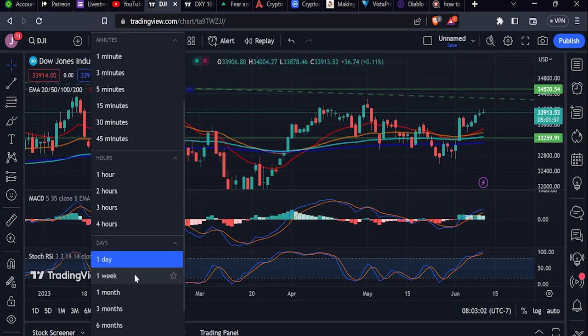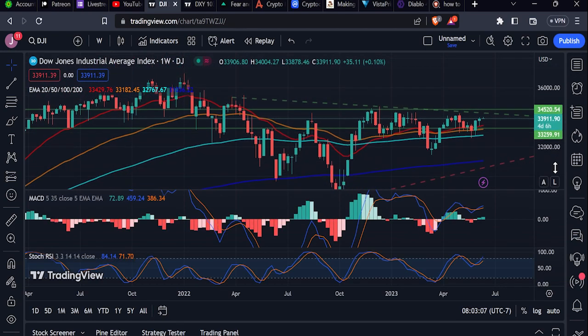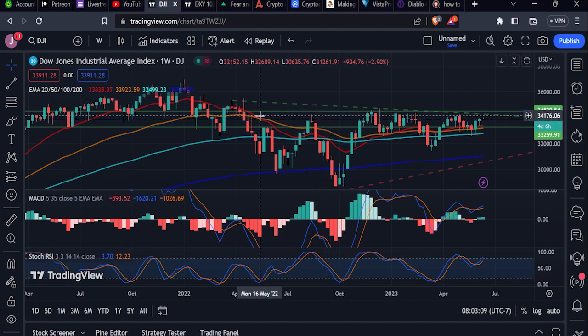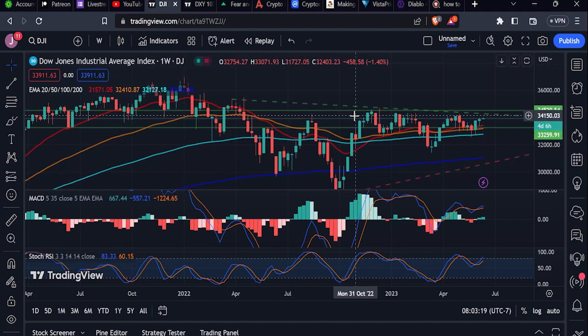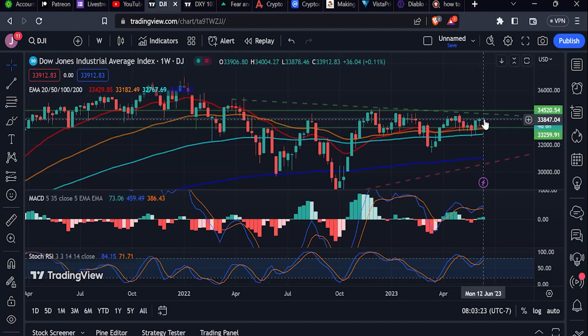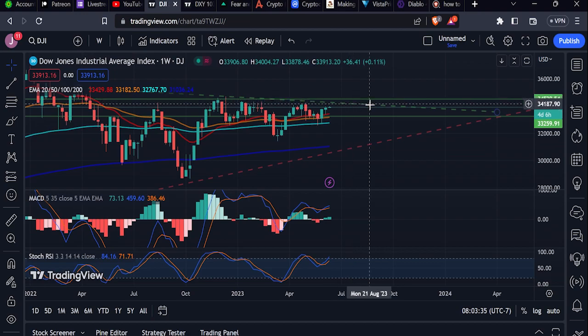It'll show us more of how it looks. This is the resistance that it's been trying to break since April 18 of 2022. That's why I drew that green trend line, because every time it tries to break above it, it just can't do it. So it's going to have to retest new lows, and then if it bounces from those lows, it might try to retest that top again.